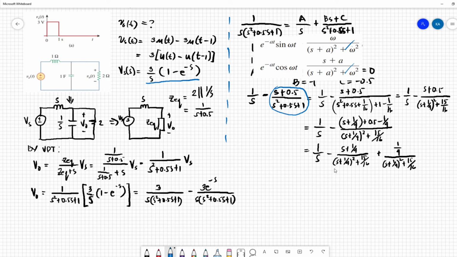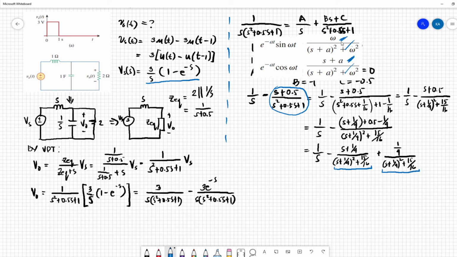Looking at this term right here, we know that this is of the same form as this equation, where a is equal to 1/4 and omega squared is equal to 15 over 16. We need to transform this term into this form.